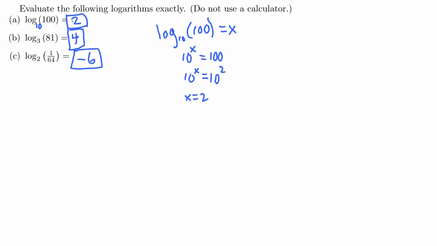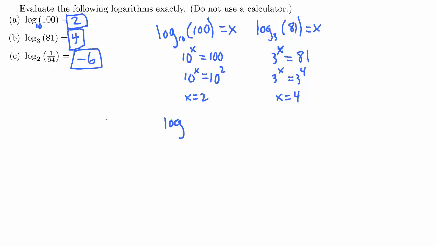And so that's another way of getting 2. Also, I can say log base 3 of 81 is equal to x, which means 3 to the x power is equal to 81. Which means 3 to the x is equal to 3 to the fourth power, because 3 to the fourth power is 81. And again, that's why x is equal to 4, which is what I got originally over here.